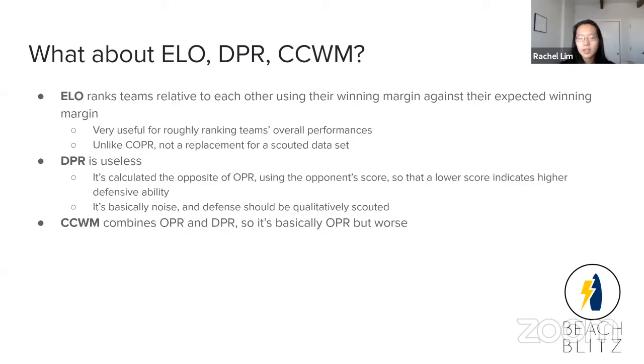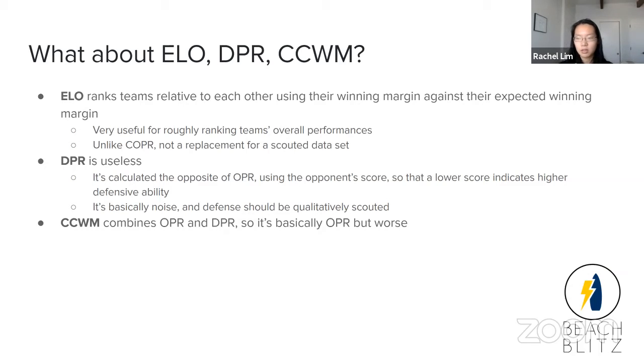DPR. OPR stands for offensive power rating, I guess I just said that earlier. DPR is defensive power rating, but it's really not a useful calculation. OPR takes the assumption that the teams' OPRs sum to their alliance's score. DPR does the opposite.